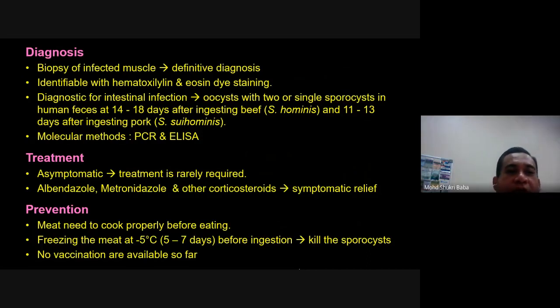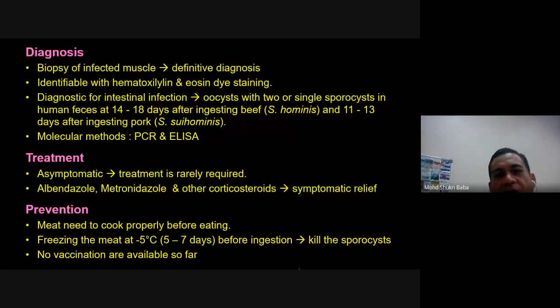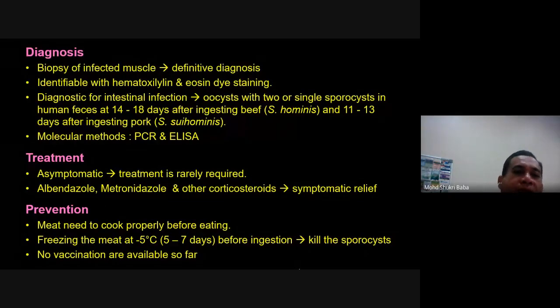Diagnostic for intestinal infection, which is oocyst, with 2 or single sporocyst in the human feces at 14 to 18 days after ingestion of beef for S. hominis and 11 to 13 days after ingestion of pork for S. suihominis. Alright, selain pada PCR analyzer. Alright, so that one is kata gold standard lah, PCR analyzer.